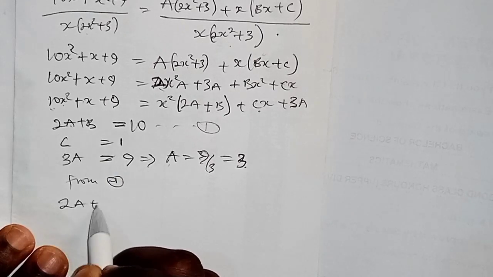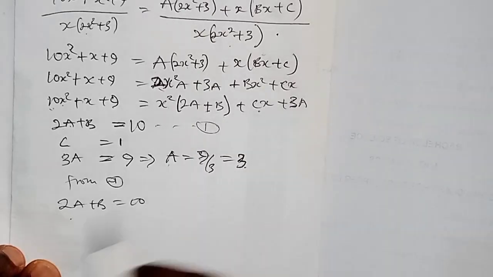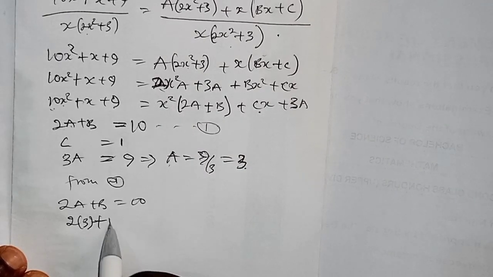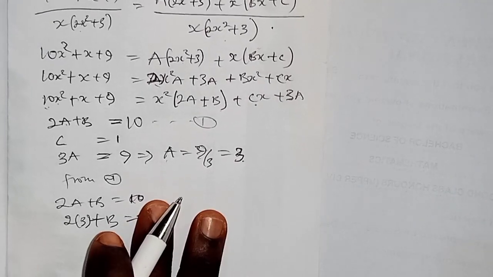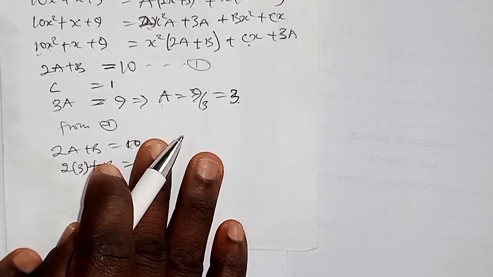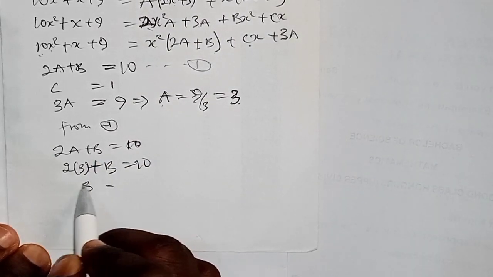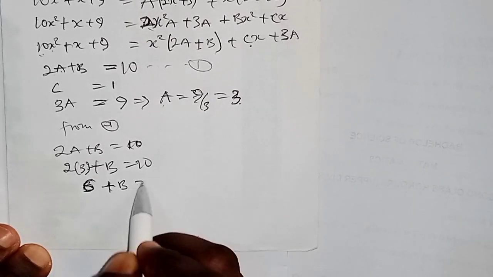So 2a plus b is equal to 10. Since a is equal to 3, I'll say 2 into 3, plus b is equal to 10. Simplifying further, 2 times 3 is 6, plus b is equal to 10.